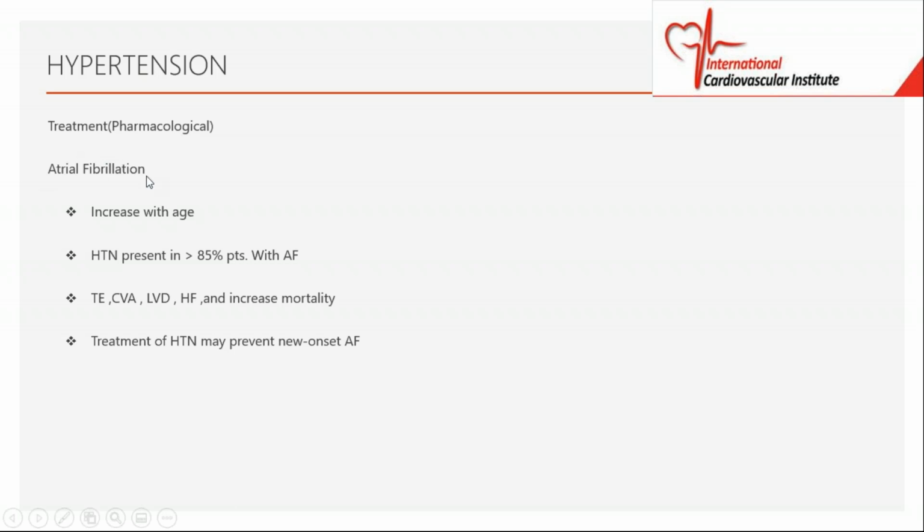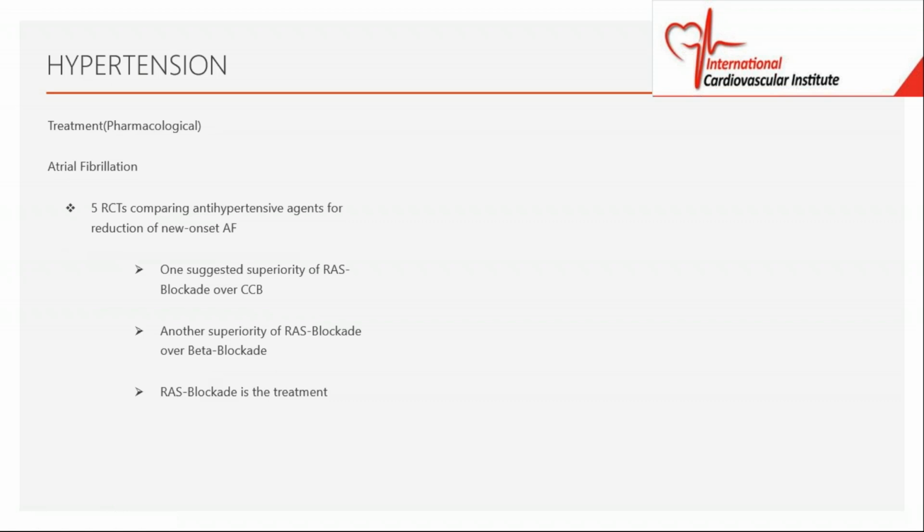Anyway, so when you have atrial fibrillation and hypertension, because the majority of your patients with atrial fibrillation do have hypertension, okay, and there's increased risk of thromboembolic phenomena, strokes, LV dysfunction, heart failure, and there's increased mortality. So, you have to treat them. There are a few studies that show that ARBs, okay, ARBs were beneficial.